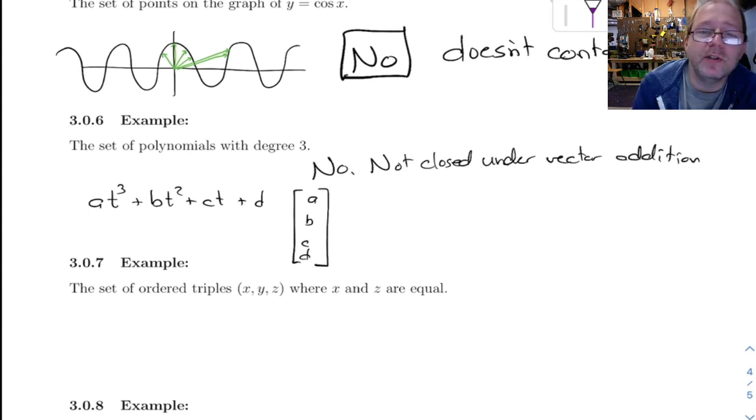So this is a four-dimensional vector, but they don't quite form a space because it's possible to add two of them together and get something with a degree smaller than 3. That's what I mean by not closed under vector addition.